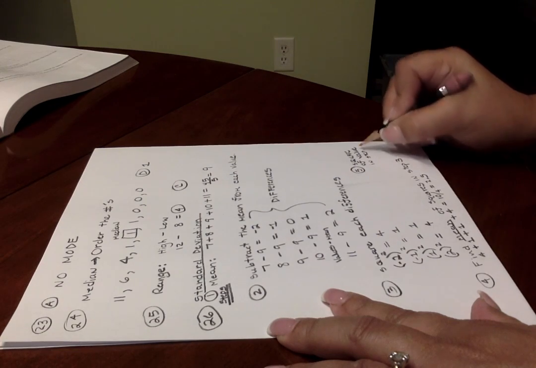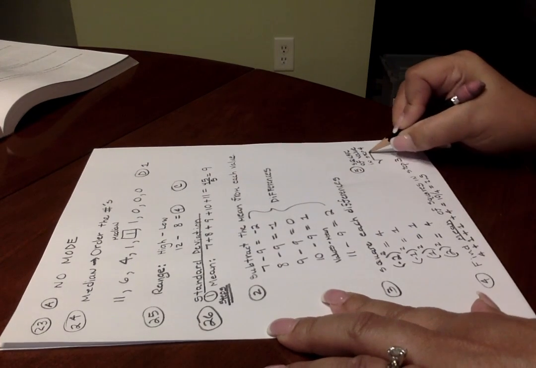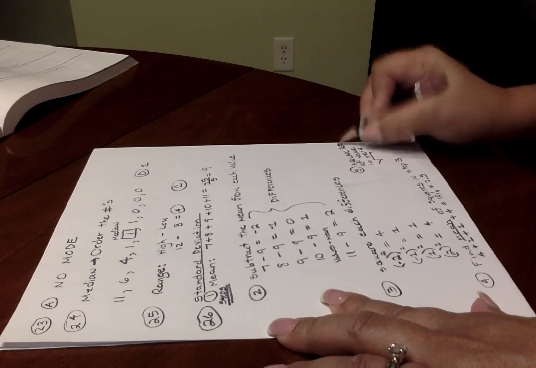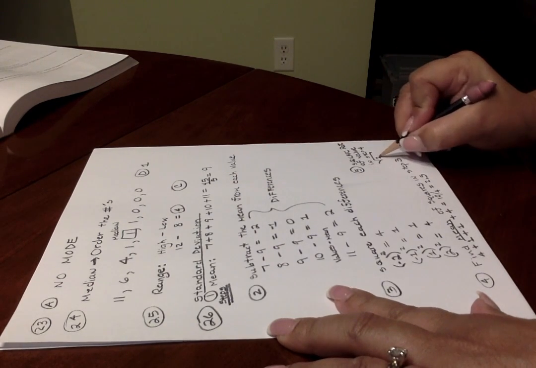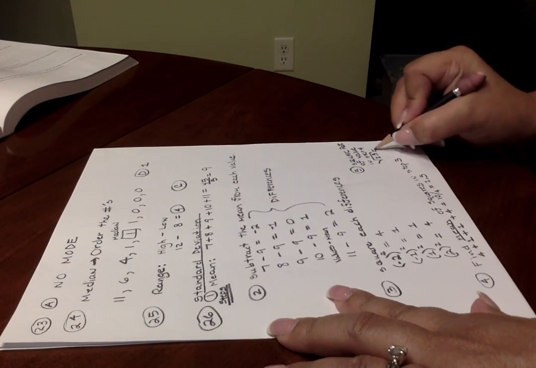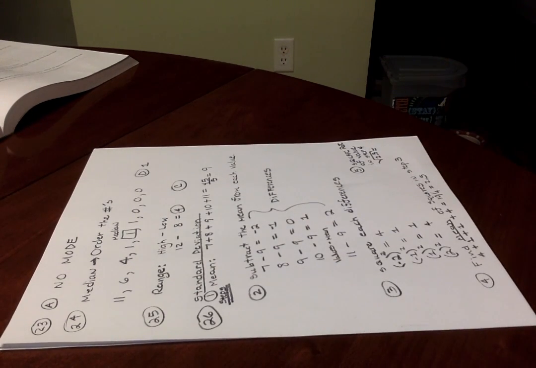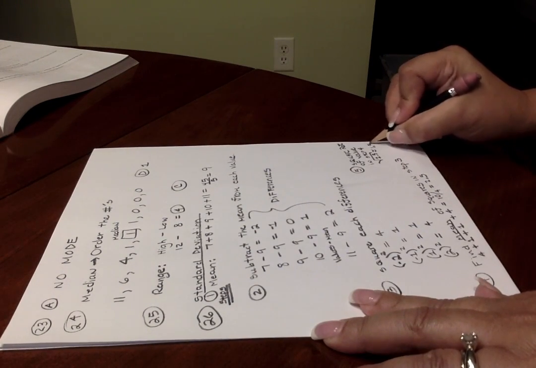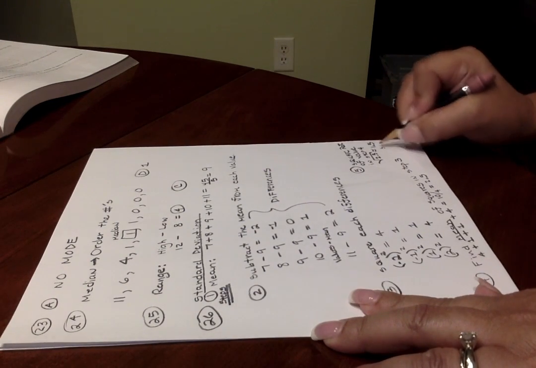So we're going to take the square root of the value that you got in step 4. Final answer. Take that square root. Square root of 2.5, I get 1.58 is your standard deviation. And those are the steps for standard deviation.